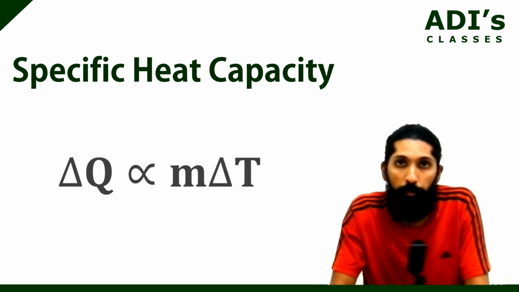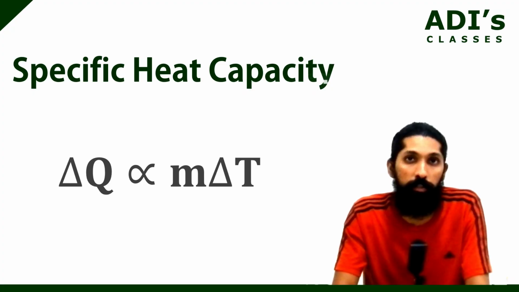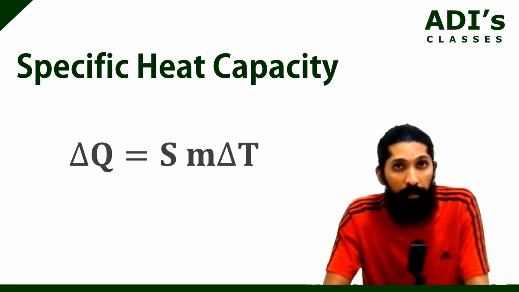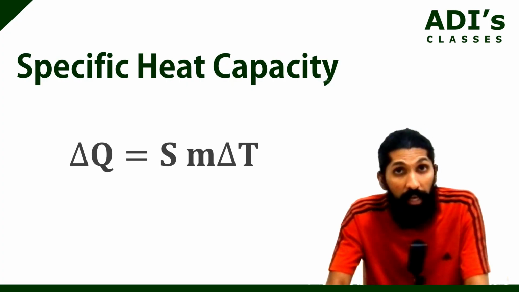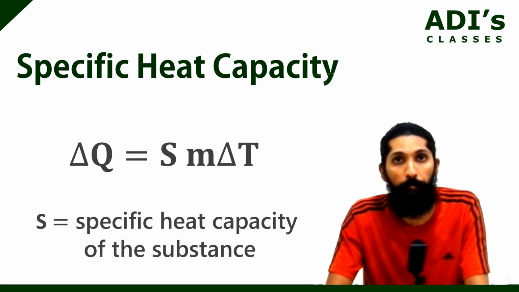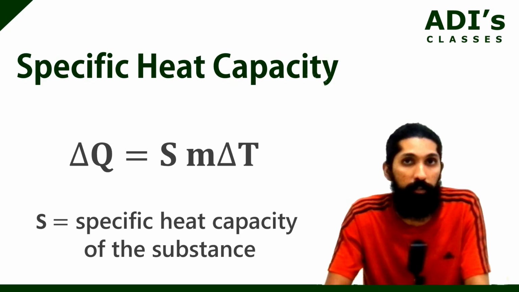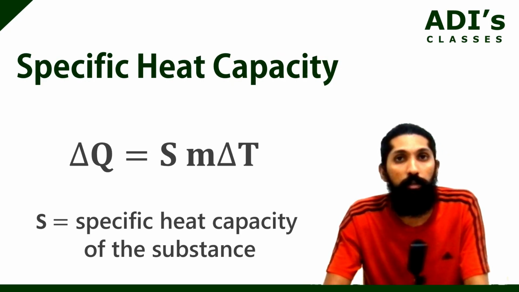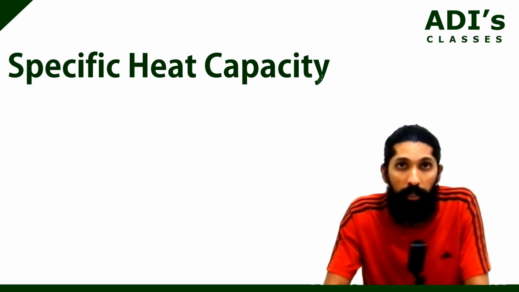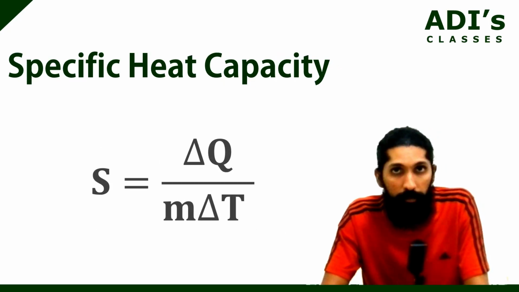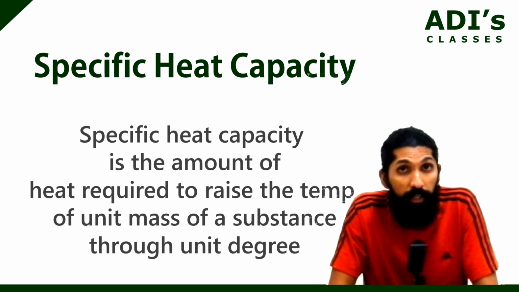Now to remove the proportionality, introduce a constant. So we get delta Q is equal to S M into delta T. Now that S is called the specific heat capacity. So now we'll make S the subject of the formula: S is equal to delta Q divided by M into delta T. Now, what is specific heat capacity?